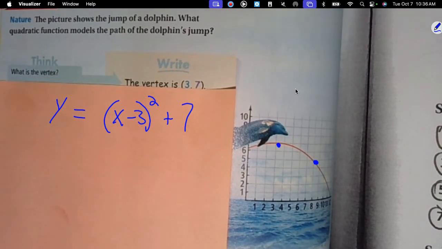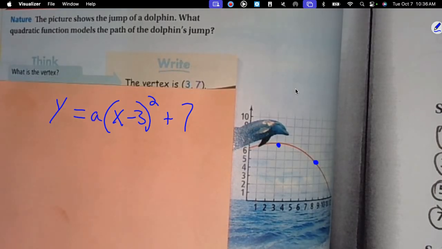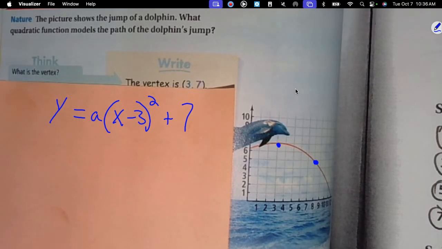I'll do 8, 5. So, y'all, here's the problem. You have to find the number that goes right here. There's a way you can do this. I'll teach it to you maybe another day, where you enter a bunch of these points in on the calculator and have it find the formula for you. You use stat and tell it to find the quadratic.